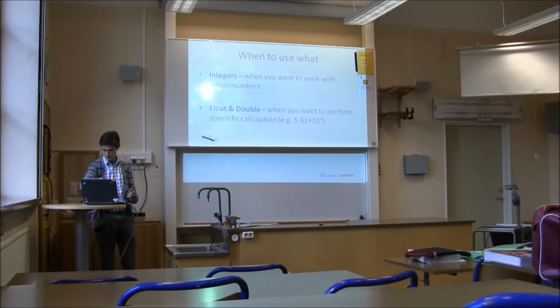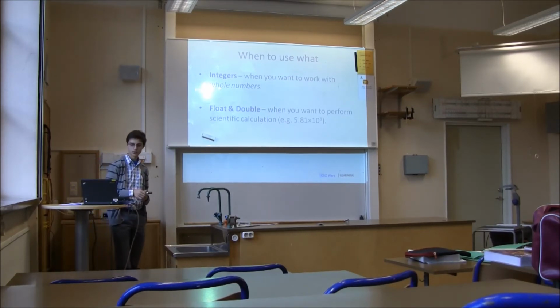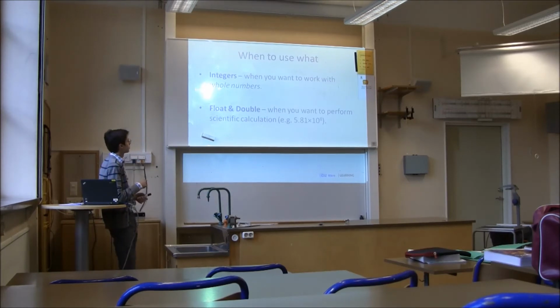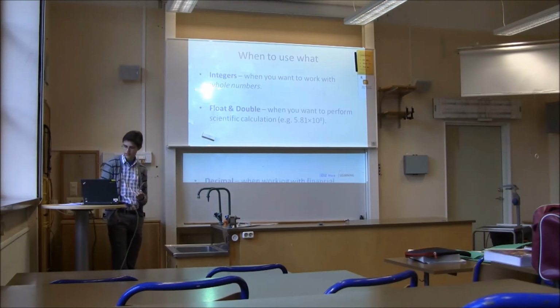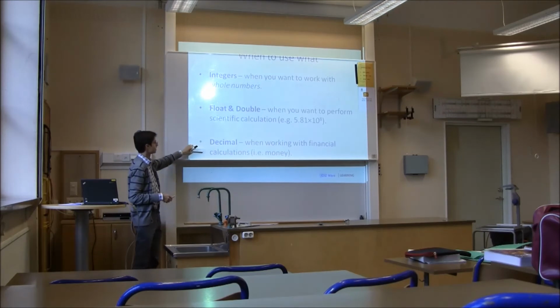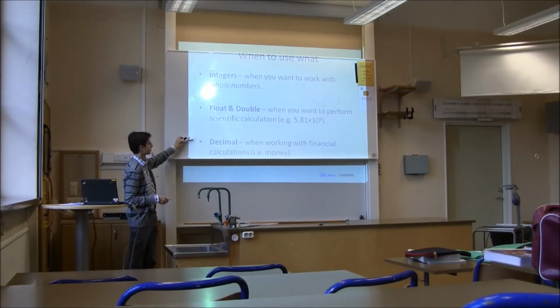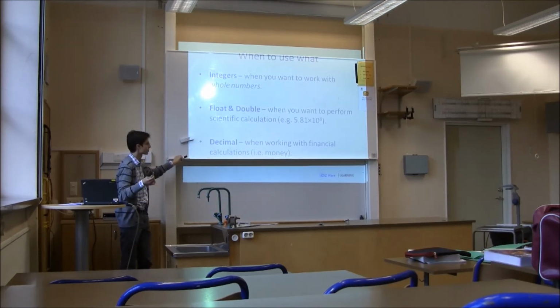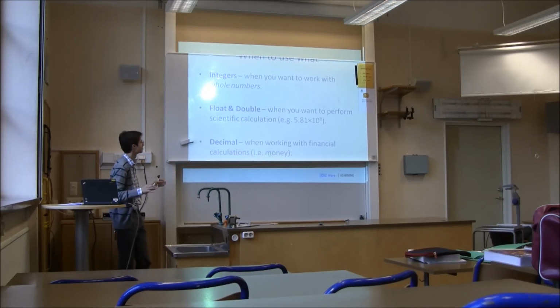It's a single precision floating point, and double is double precision floating point. And also, which you use depends on the task. If you work with really small values, you choose float, and if you want to work with big calculations, then you choose double, of course. And then you have the last one, which is called decimal, and basically this is mainly used when you're working with financial calculations, such as money and so on.